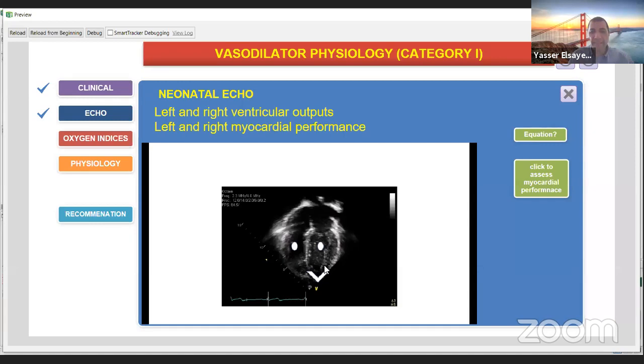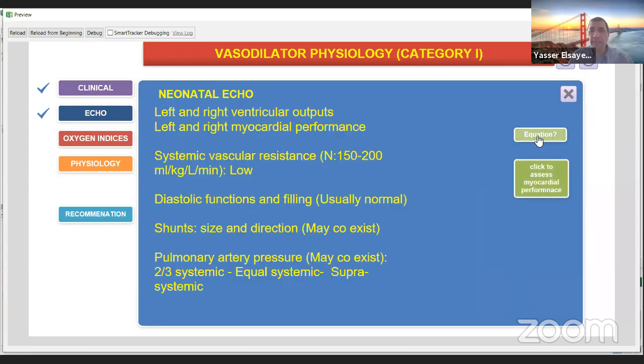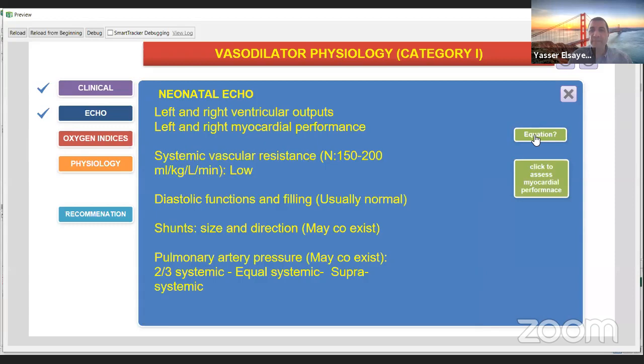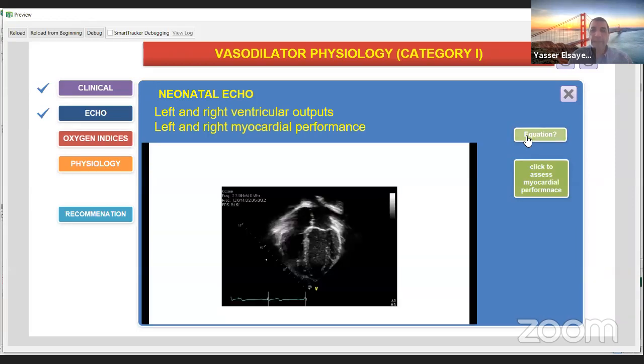And you have the apex made by the left ventricle, so the left ventricle is dominant. The right ventricle is contracting normally. And then if you calculate, in this situation here, the systemic vascular resistance, you will get the equation.